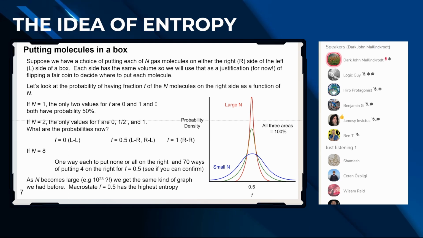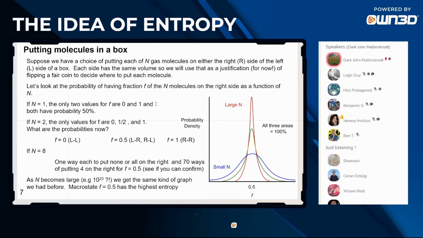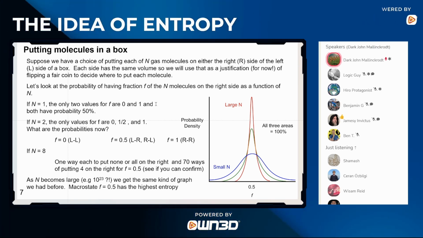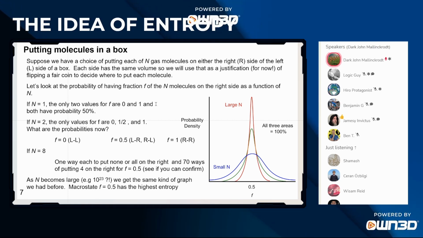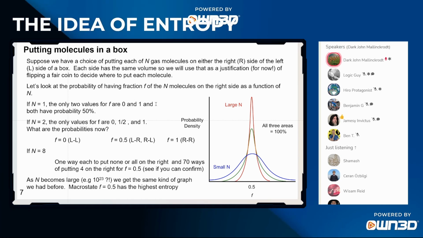If I have 2 molecules, the only possible values for f are 0, 1/2, and 1. I can have nothing on the right side, everything on the right side, or half of those things on the right side. And so I show you the probabilities, and notice that once again I'm treating putting the first one on the left and the second one on the right as different from putting the first one on the right and the second one on the left.